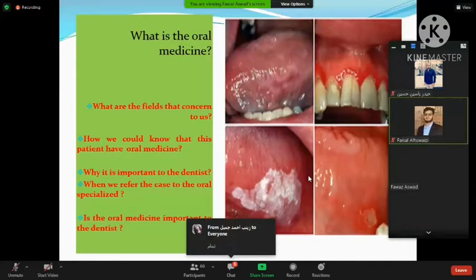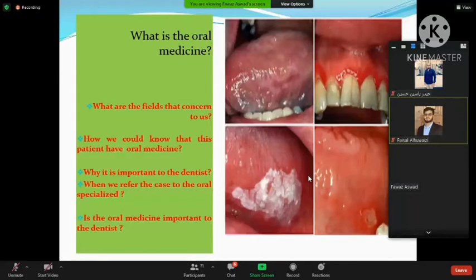We concentrated on oral mucosal lesions, whether white or red. We concentrated on the temporomandibular joint, and also on the medical management of the immunocompromised patient, and also which type of patient needs more investigation and how we are going to manage those types of patients.